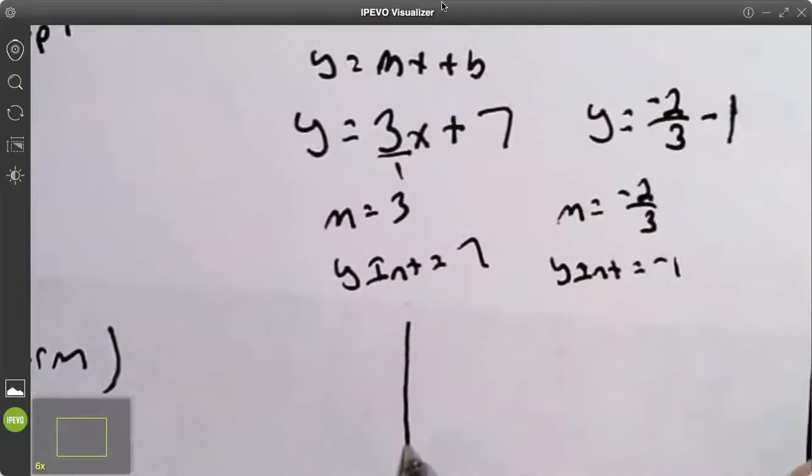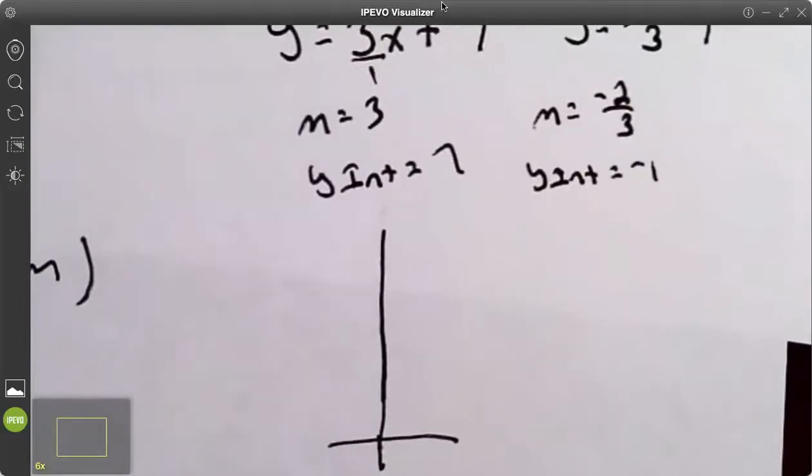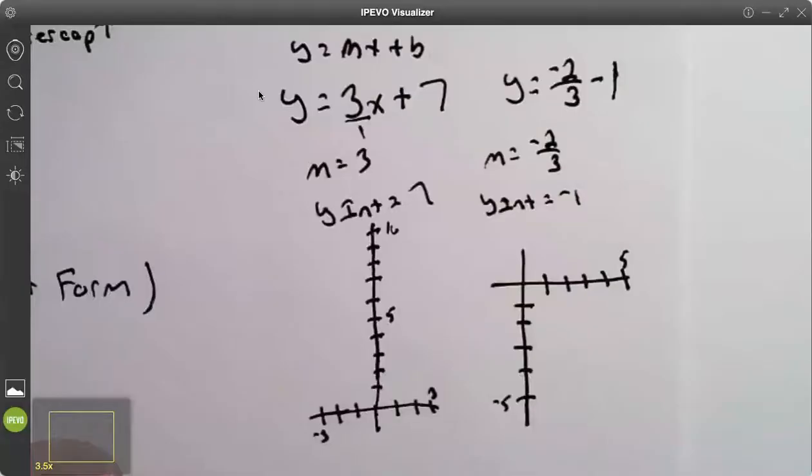I'm going to graph these two for you really quick. On this one on the left, and let me fix the screen a little bit. This video is not about graphing, but I want to show you a graph really quick just so you'll have an idea of why we're doing this.